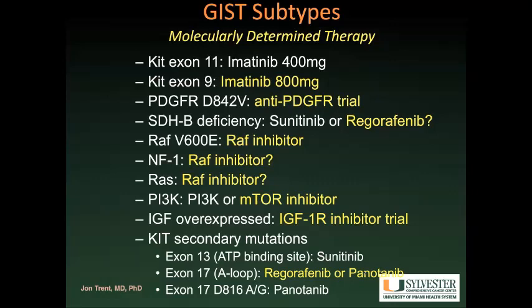If the patient has had several lines of therapy, 3-4 lines of therapy, then that's when we start seeing some unusual resistant patterns where you might see one nodule with exon 13 and a separate nodule with exon 17. But it's usually not the case.